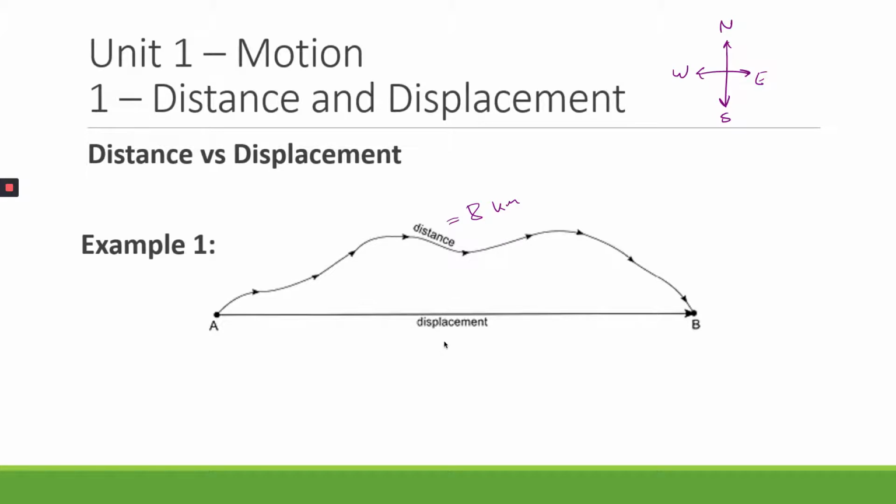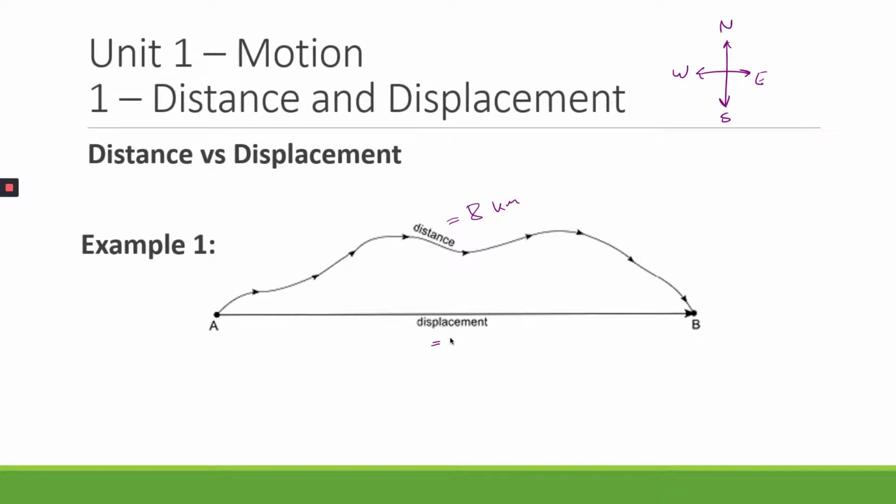Now, displacement, let's make up a number here. First off, what's going to be bigger, distance or displacement? In this scenario, displacement will always have to be a shorter path or a smaller number.